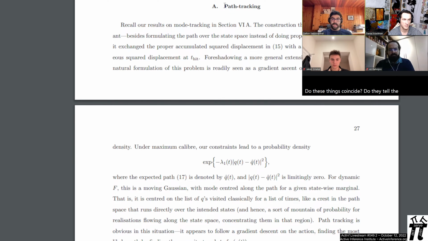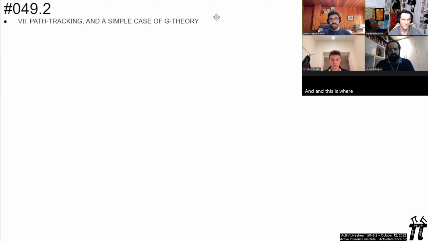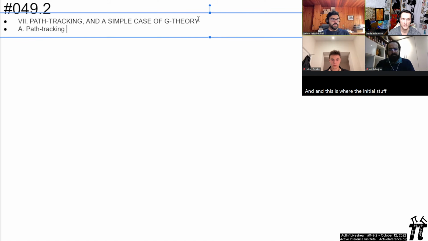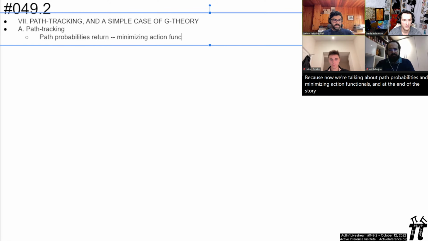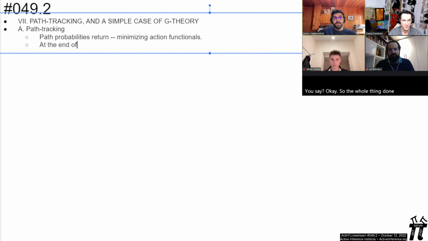Do these things coincide? Do they tell the same story? And this is where the initial stuff in the basics of Bayesian mechanics section comes into play, because now we're talking about path probabilities and minimizing action functionals. And at the end of the story, you say, okay, so the whole thing does go through. You can talk about selecting the path of minimum surprisal.